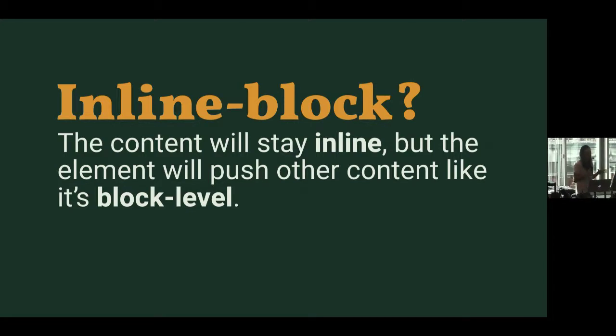Sometimes we want an element that will sit in line with some text, but will also take on width and height properties, or changes in size with padding and all that. So in that case, we have this inline block thing, and I'm sorry that there's this third thing that uses both those words.